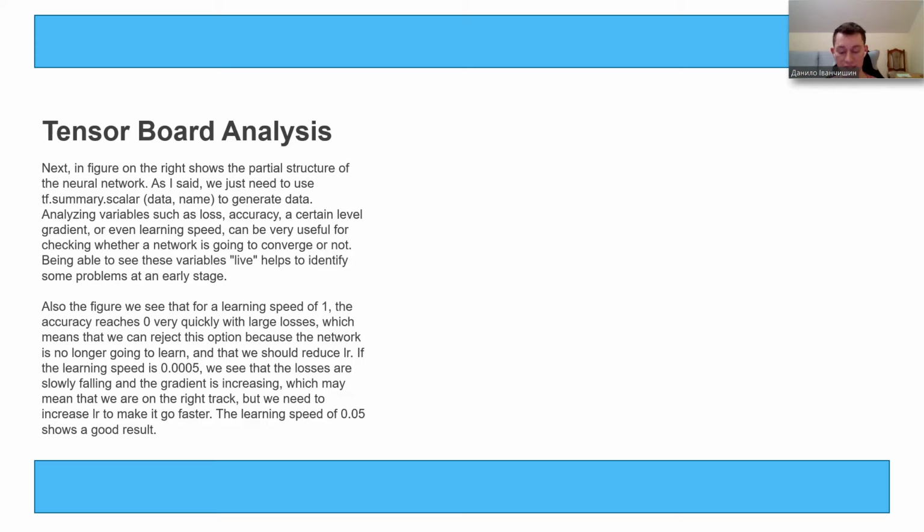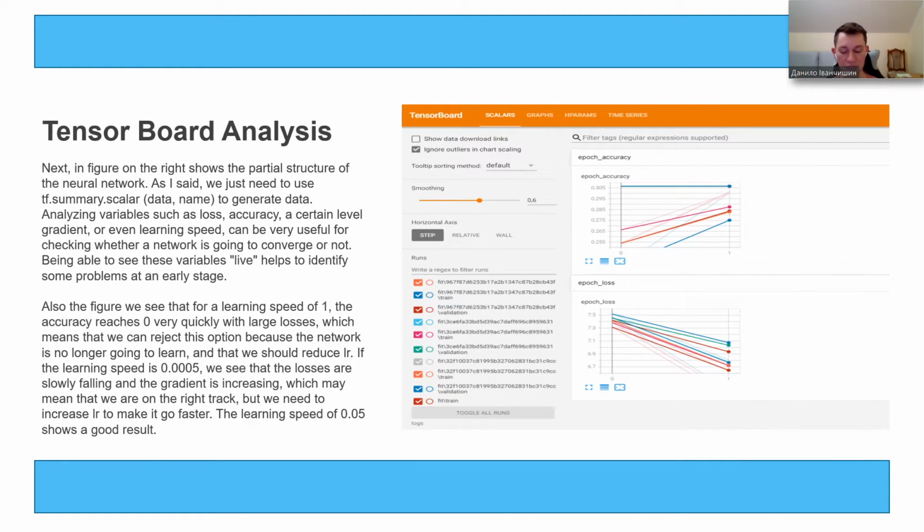If we take a look at the TensorBoard analysis, we can see that our accuracy is only 30%, which isn't good. There are also hyperparameters visualized and graphs of nodes shown.